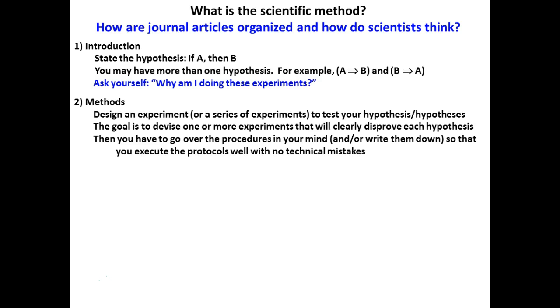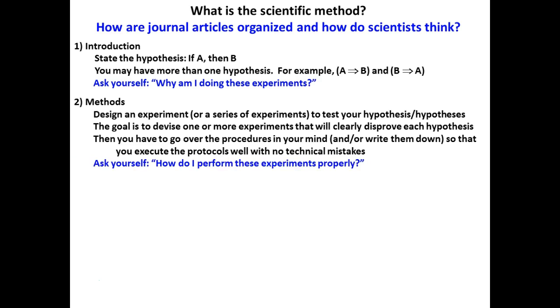So it's more of a process of elimination. Then we have to go over the processes in your mind and write them down, so that you execute the protocols correctly. That's why for homework, you write out your protocols, so you're familiar with them. And then hopefully you follow them, so that you get accurate results. Not necessarily correct, but accurate. So no technical mistakes.